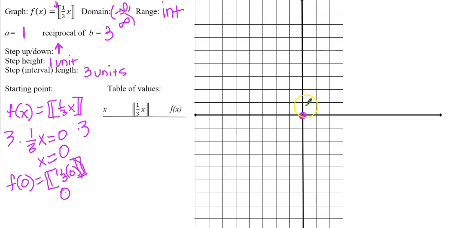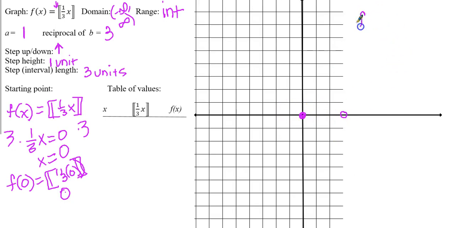I'm going to start a step right there. But let's talk about why this step is actually 3 units long. Let's plug in another number in this interval, because I say it's going to stop right there at 3. So just watch. Pick a number in there.